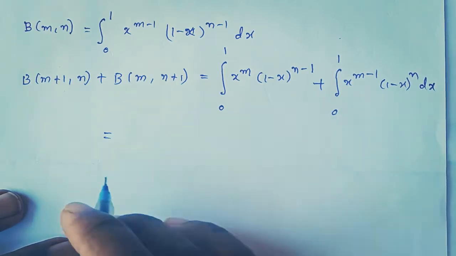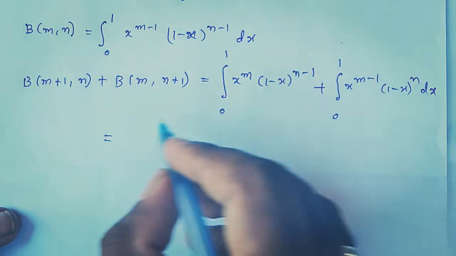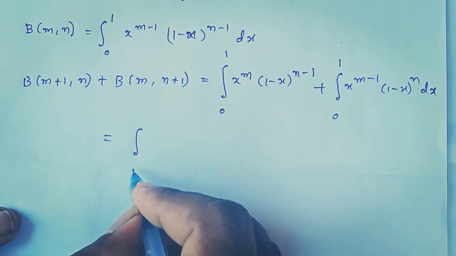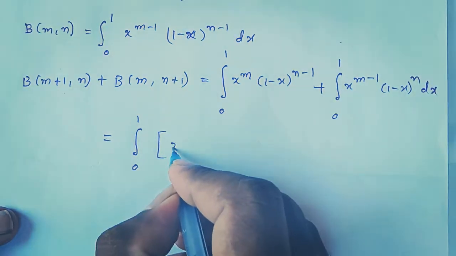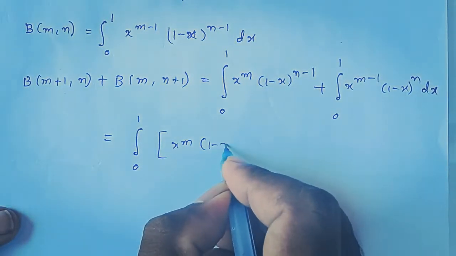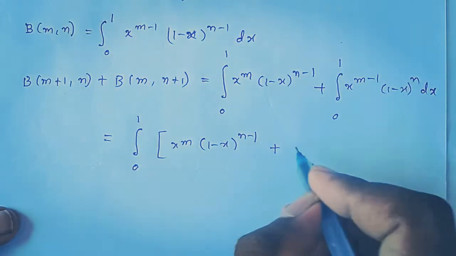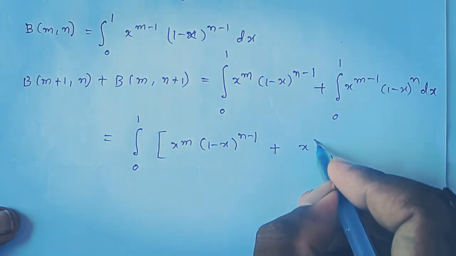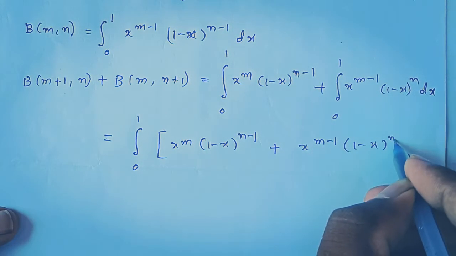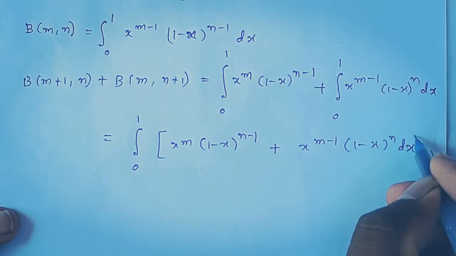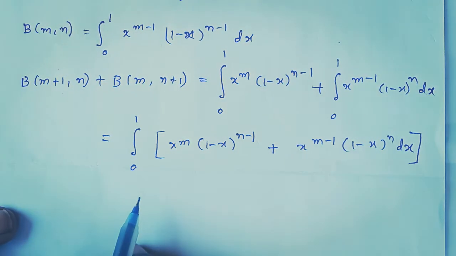Now this is a common integral with the limits 0 to 1 of x^m (1-x)^(n-1) + x^(m-1) (1-x)^n dx. That is why I consider a single integration.